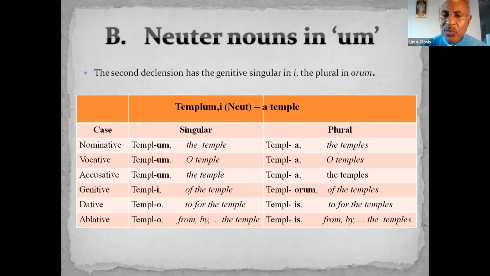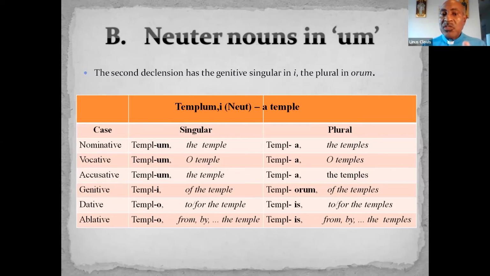We're going to be introduced to two new ideas here. I'm going to throw them both at you to begin with. Okay, so we have templum. In the dark orange band, templ is the stem. The um tells us the genitive is going to be an i, so the um would be replaced by an i.